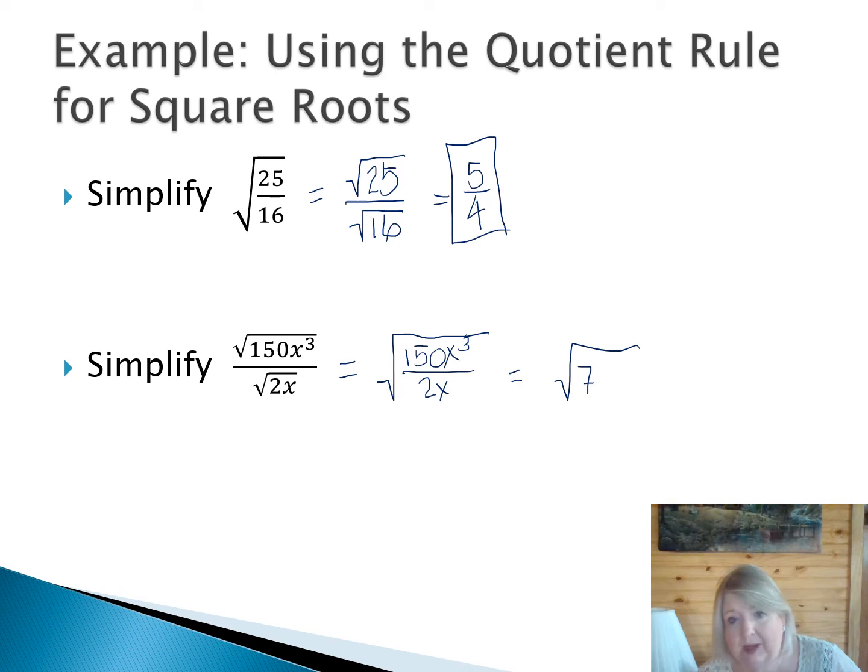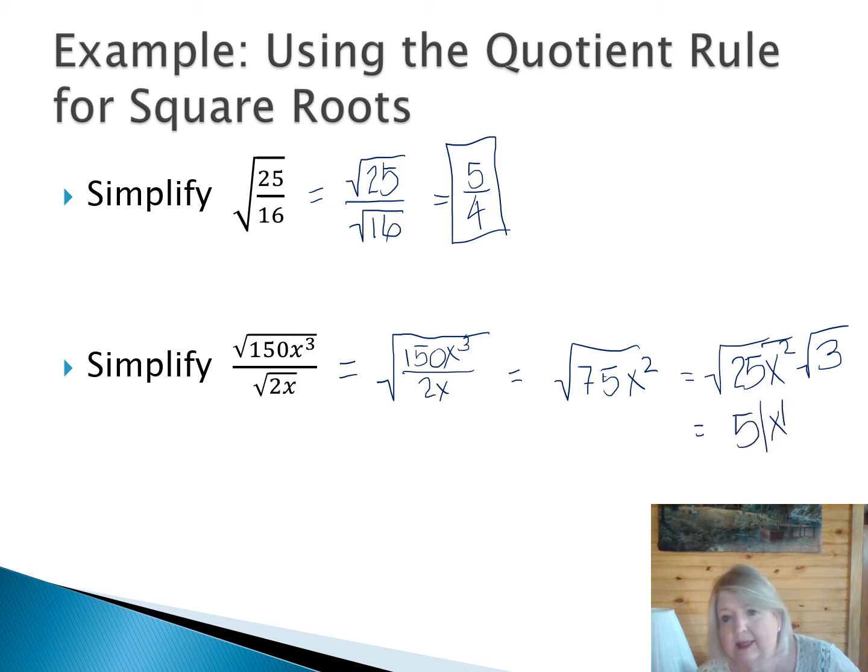X cubed divided by x, well, if I can write it, is x squared. And then to simplify that, 75 is 25 times 3, and x squared, I believe I can put up there up front and simplify it. So that would be 5 absolute x square root of 3.